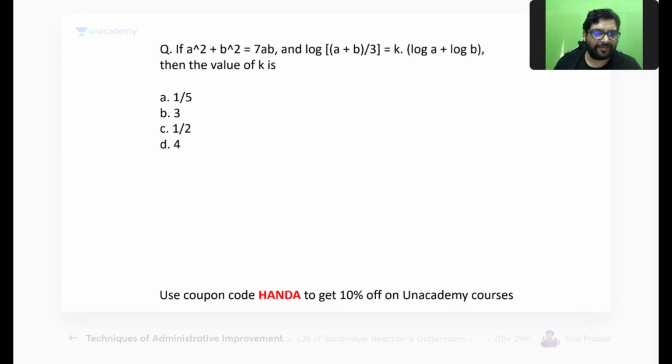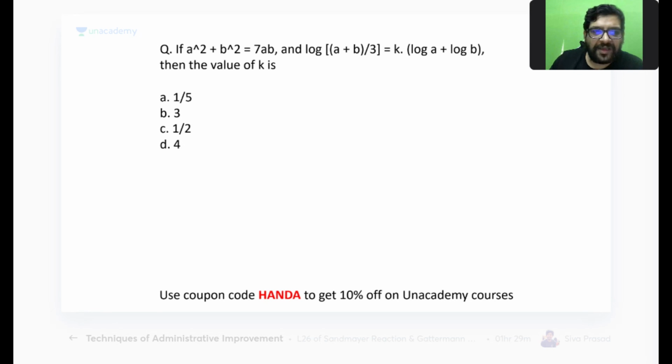Any ideas or suggestions for this? How will you start? Value of k is asked.